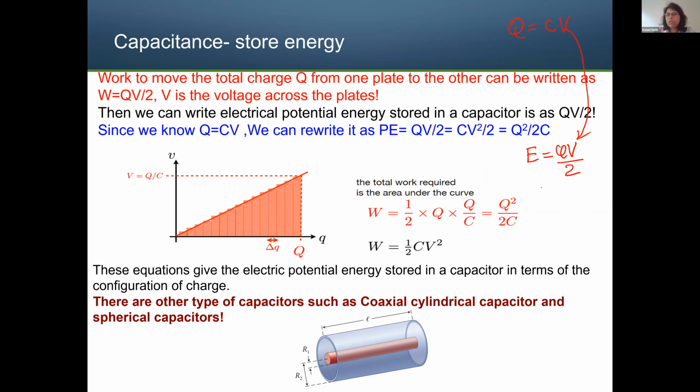Then I will be able to write this as Q squared over 2C, and also I can write it as half CV squared. I will use E because it is the energy or the work done. You can use W or E, they are the same thing. They are basically energy stored on the capacitor. Whichever equation you want to use, these three formulas are the same.